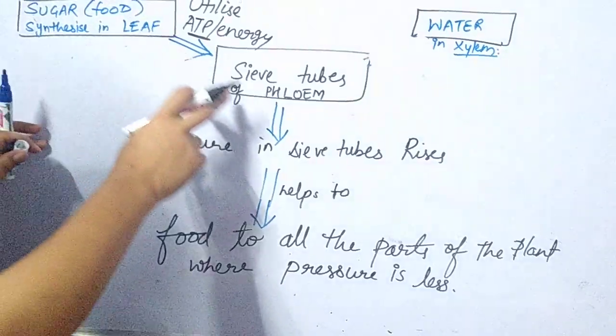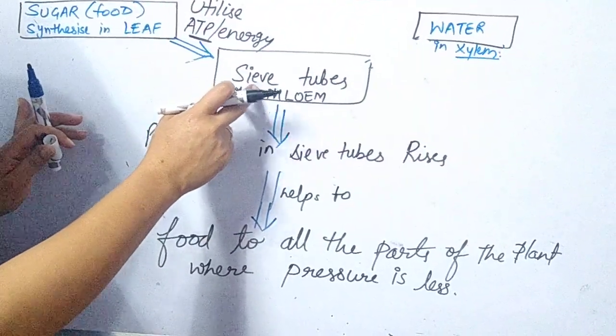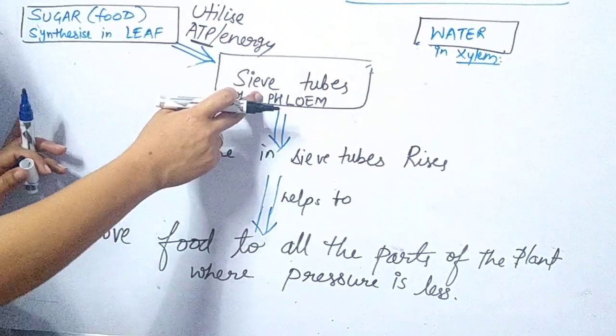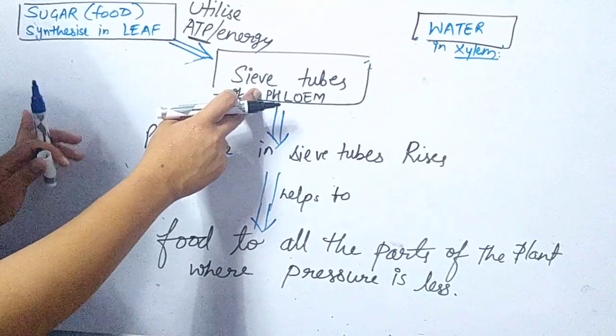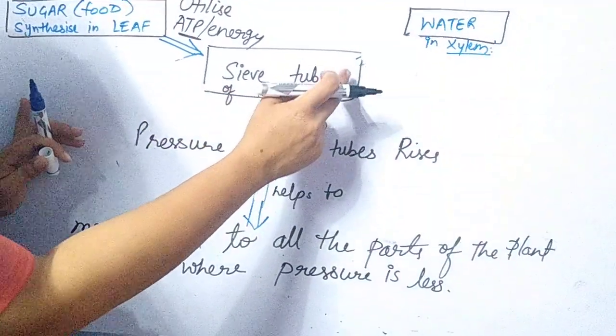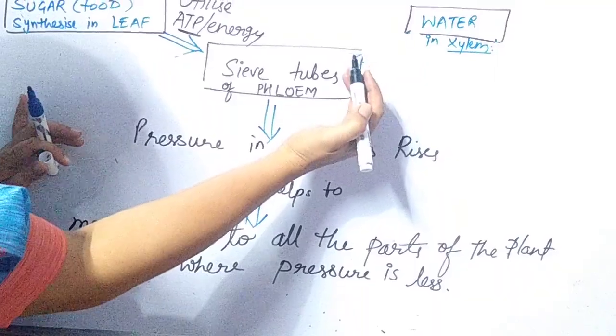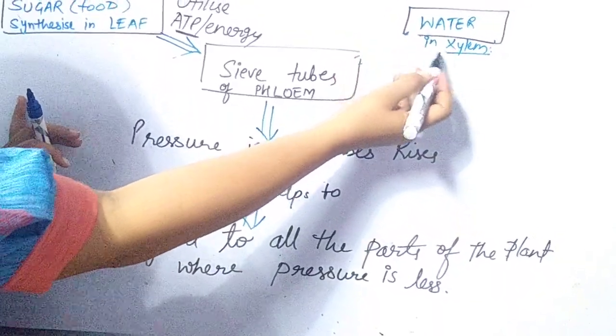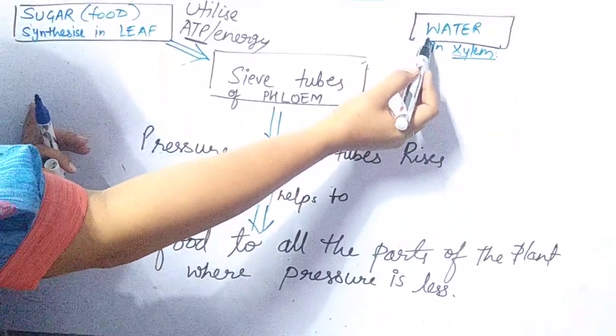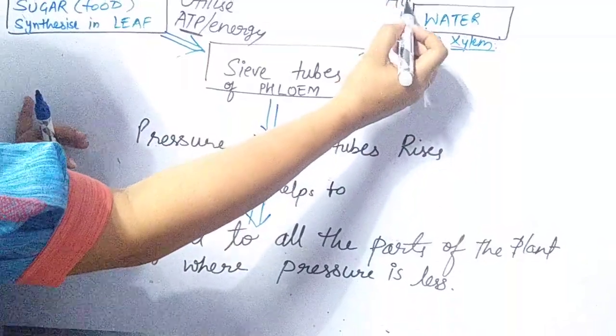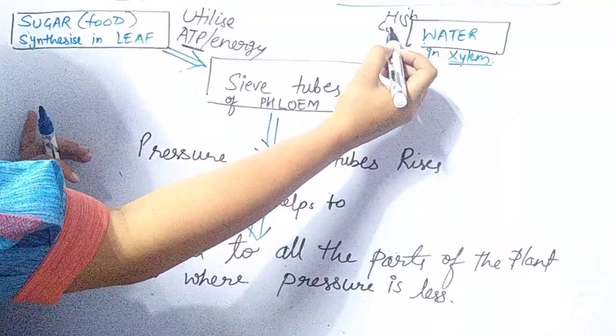Now, when this sucrose or sugar enters the sieve tubes, it will create a low concentration of water. But the side tubes, which are called xylem, are filled with water, where a high concentration of water is present.